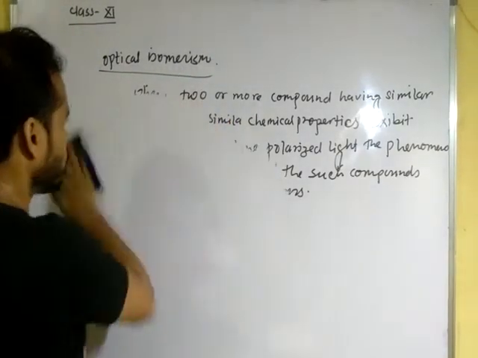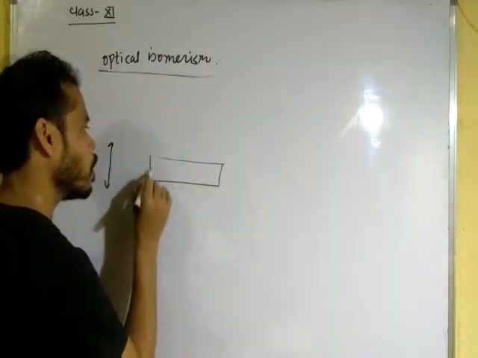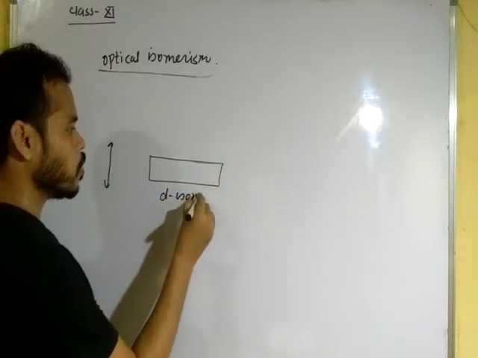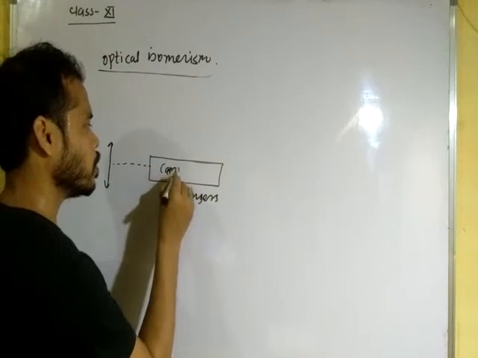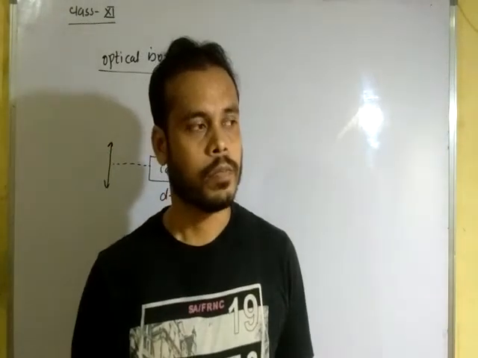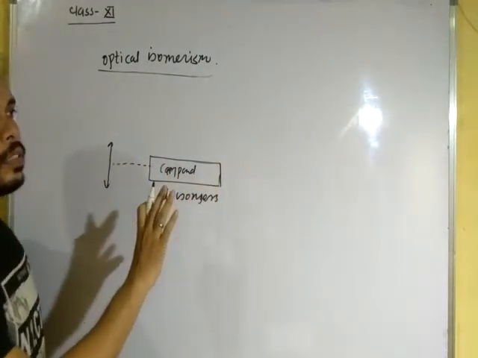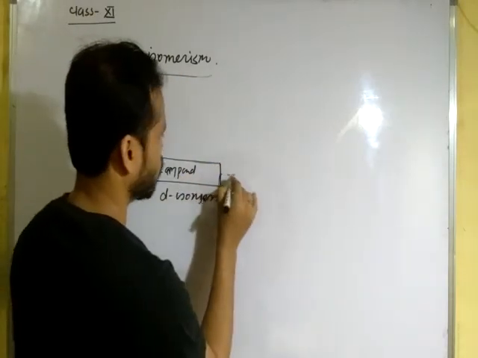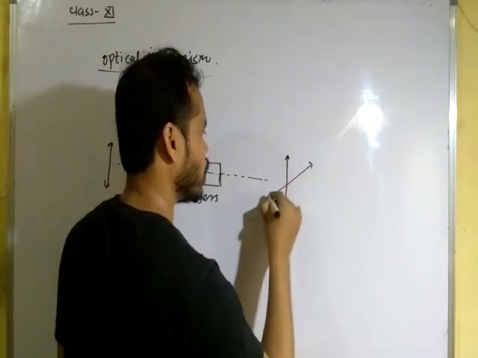Okay, let us see. If plane polarized light passes through d isomers, a compound that fulfills all the criteria like chirality, dissymmetry, etc., then the plane polarized light rotates in a clockwise direction like this.